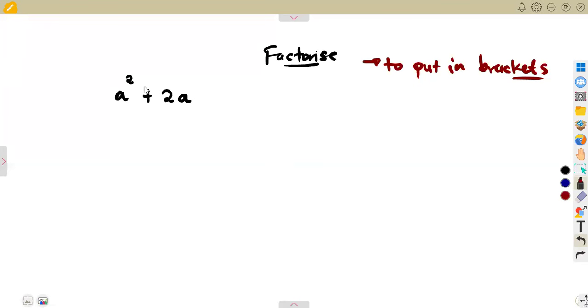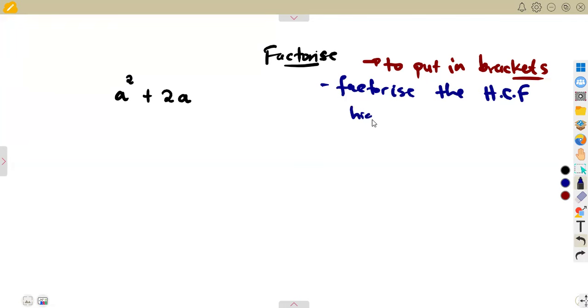But in this case, we need to have the brackets, or a bracket, at the end of the day, but that is supposed to be one. You have to factor out the highest common factor, which is the HCF.